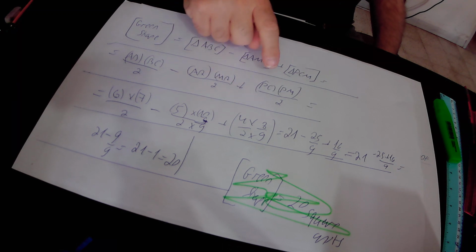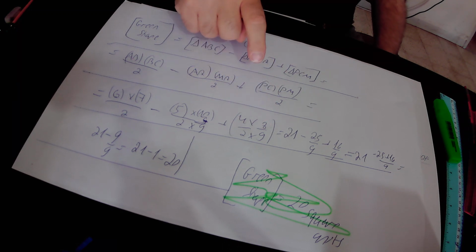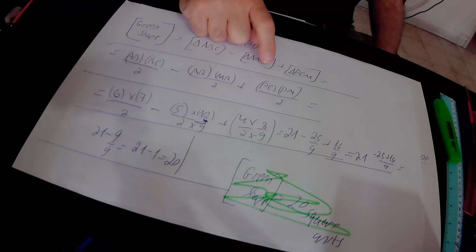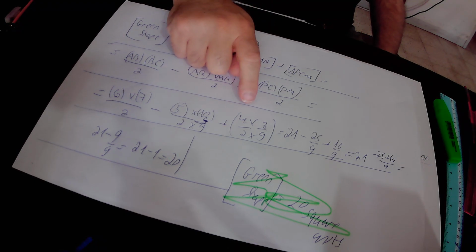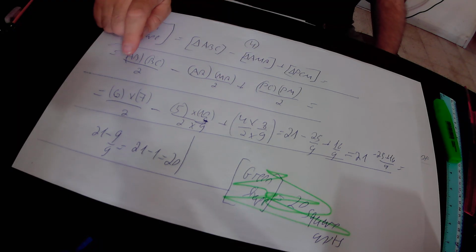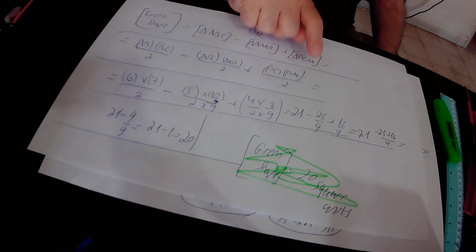PC is 4, PM is 8/9, divided by 2. So in total, the area of the small green right triangle PCM equals 4 times 8 over 2 times 9. So the area of triangle ABC equals 6 times 7 over 2, that is 21.